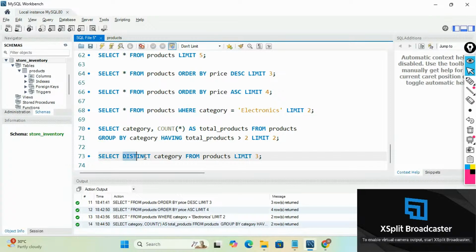If I remove distinct, what will be the output, friends? I can also get the duplicates of categories. From this table products, the top 3 rows, because I'm limiting to 3, whatever the category values are will be returned.